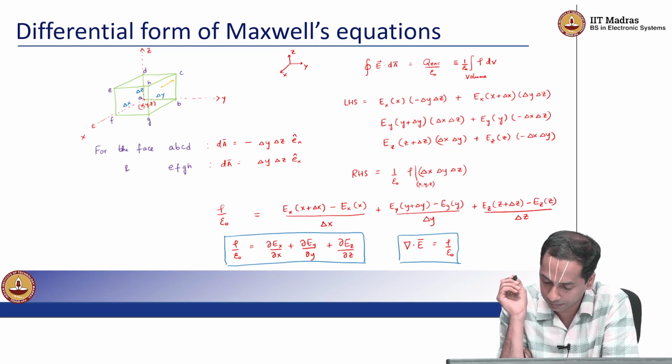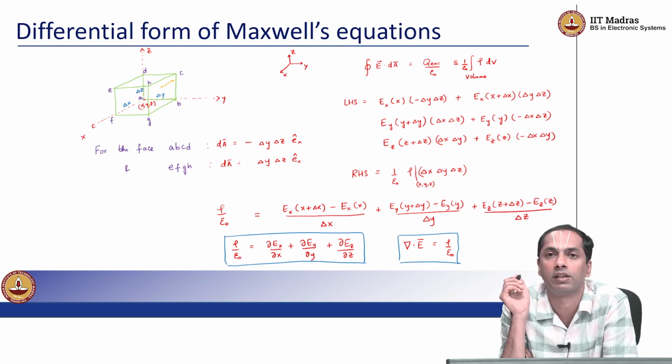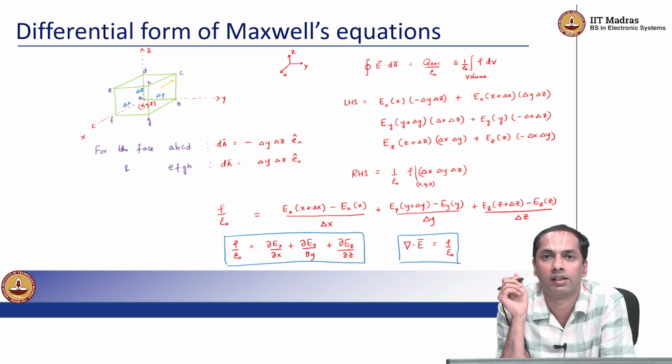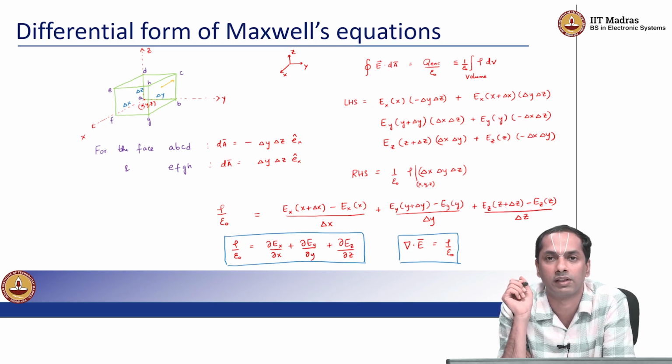Okay, so a fairly simple looking relation. The reason I am not too impressed about these analogies for divergences and curl using fluid flow is that I cannot use those analogies in understanding what the divergence of E means, because there is nothing flowing.